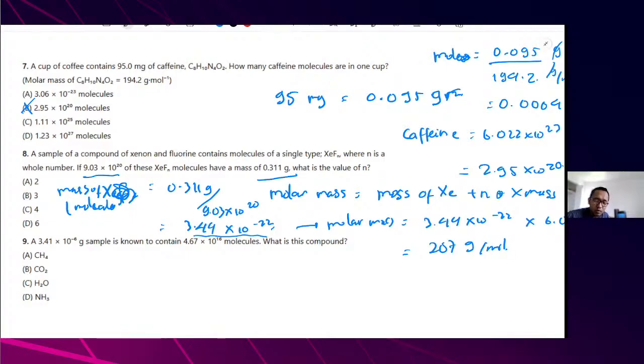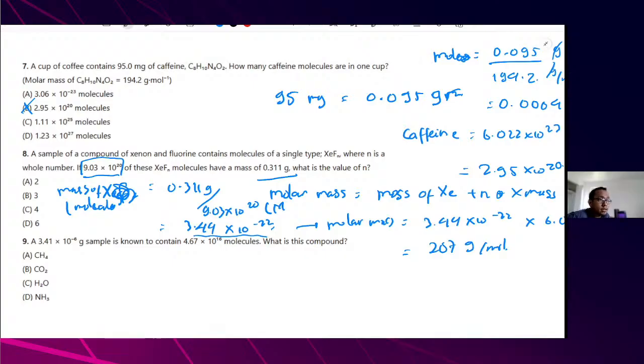Because it's correlated with Avogadro's number. No, this one is not Avogadro's number. This is probably the number of atoms.